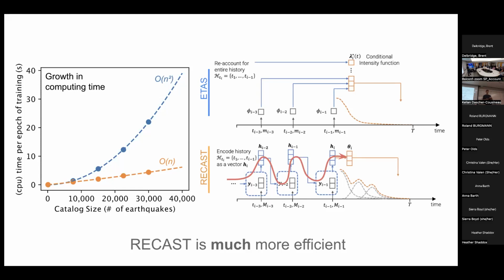In contrast, as we observed walking through the guts of the RECAST model, we're only updating the hidden state to create a new forecast. This means that when we consider the entire catalog, the computational growth is quadratic for ETAS, linear for RECAST. So this might be a bit paradoxical, but RECAST, with often many, many parameters, is nonetheless a lot faster than ETAS.